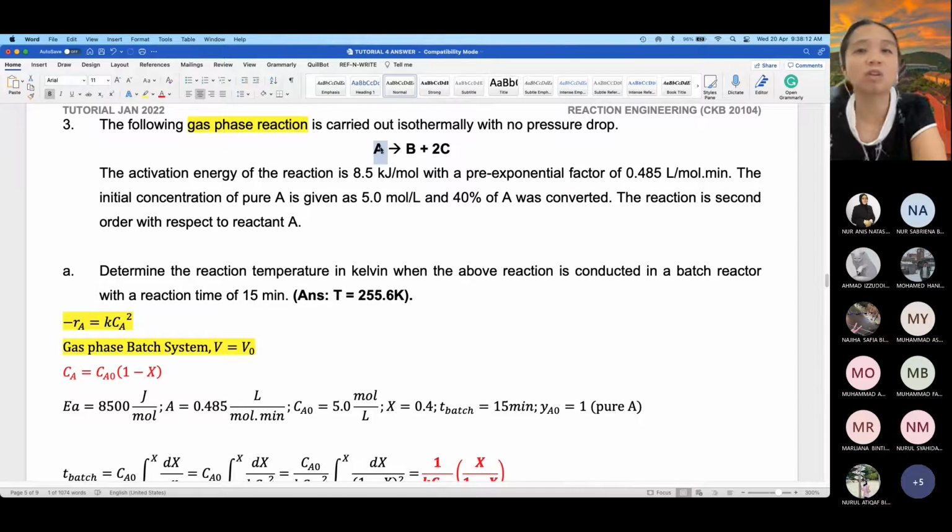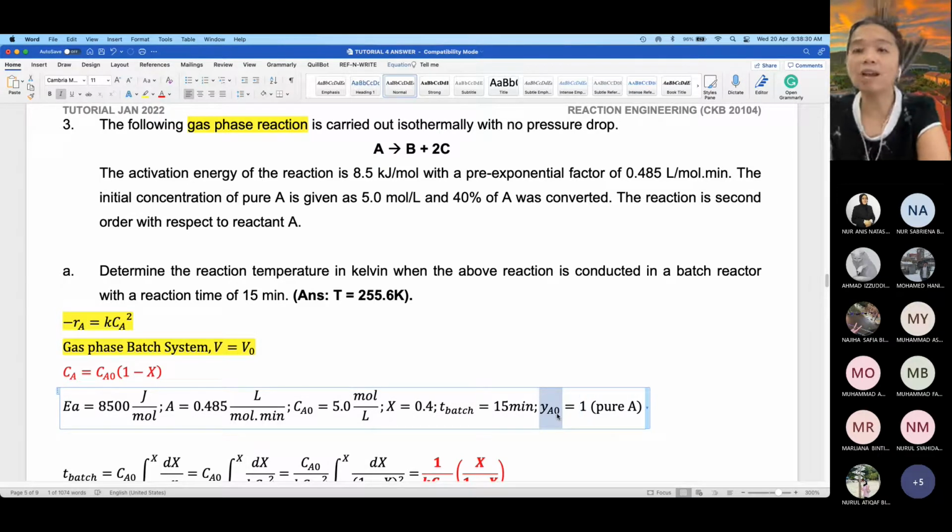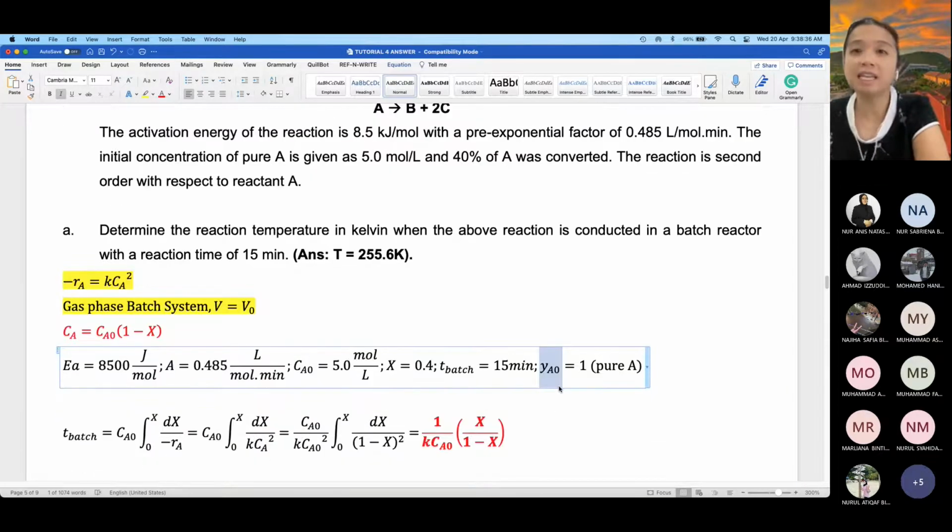From the equation, you can see there's only one reactant, and the reactant that enters the reactor is 100% A. Means there's no other compound, no inert, only the reactant. So, pure A means YA0 is 1. We use YA0 to indicate Y mole fraction, A to indicate compound A, not to indicate initial. So the initial mole fraction of A is 1.